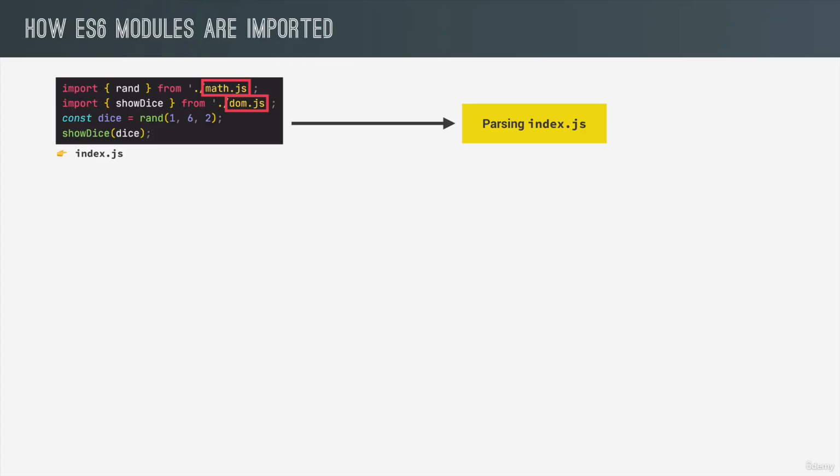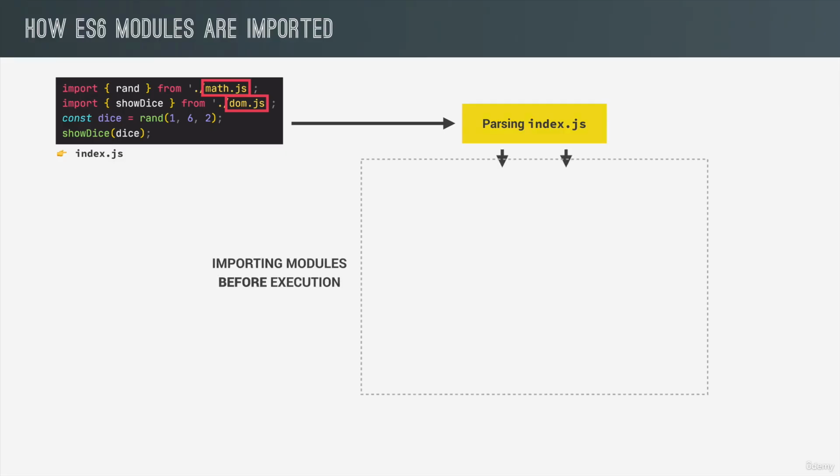We talked about that way back. But remember that parsing basically means to just read the code, but without executing it. And this is the moment in which imports are hoisted. In fact, the whole process of importing modules happens before the code in the main module is actually executed.